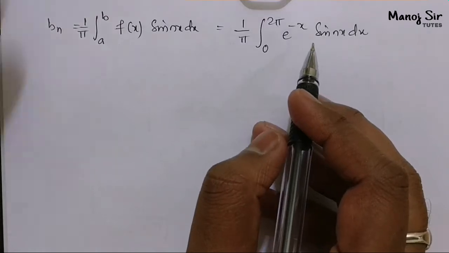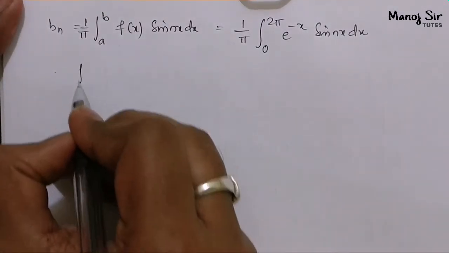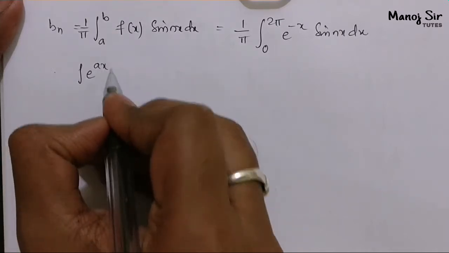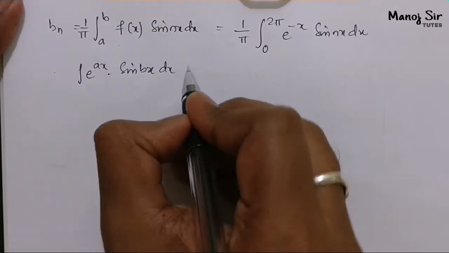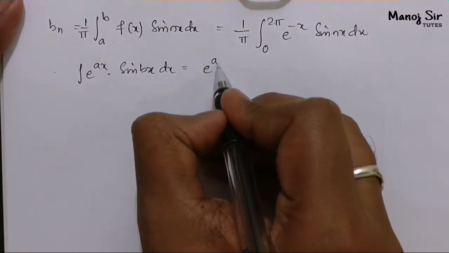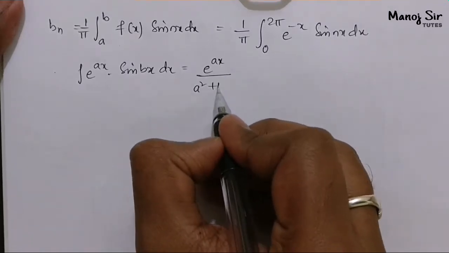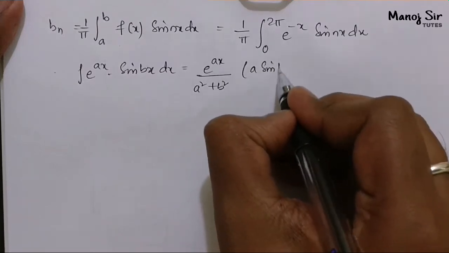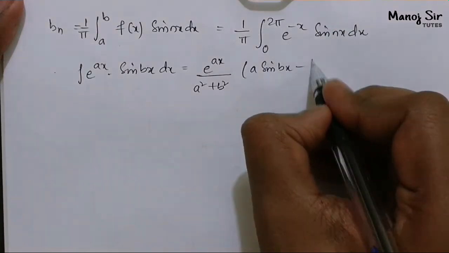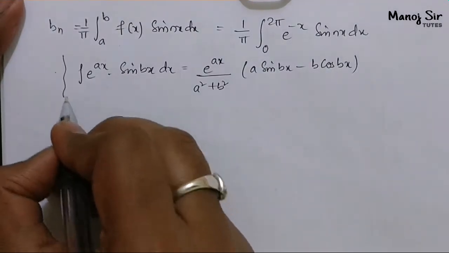Again we are going to use a very specific formula to solve this part, that is integration e to the power ax into sin bx dx. This is equals to e to the power ax upon a square plus b square, a sin bx minus b cos bx. Use this formula.